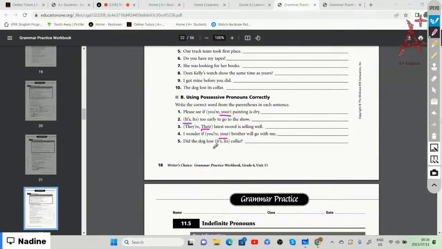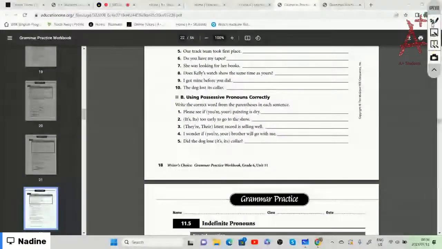And did the dog lose its collar, or it's, apostrophe S for it is? Not the apostrophe S. Yes, we're choosing option 2, its without the apostrophe S. So those are how we can use possessive pronouns, and we said that a possessive pronoun does not have an apostrophe.